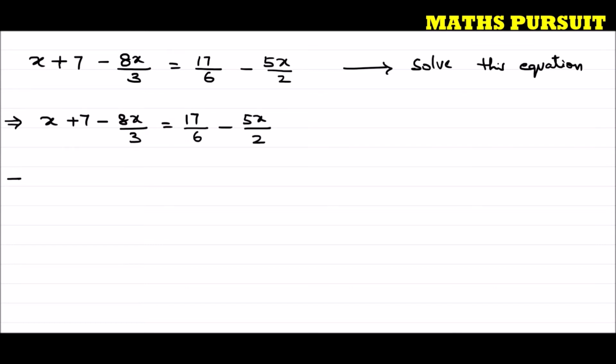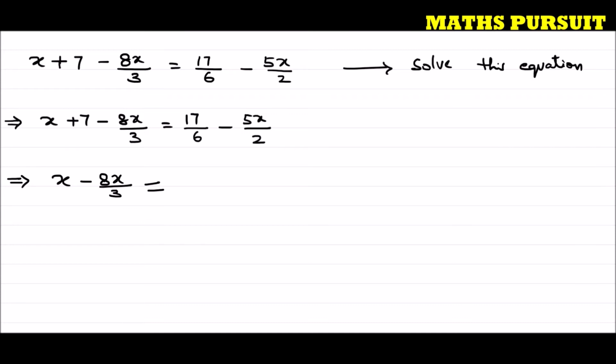Now let us get all the x together. So I can write x minus 8x/3. We are working to move all the x terms to the left side of the equation, and all the constant numbers to the right side, step by step.